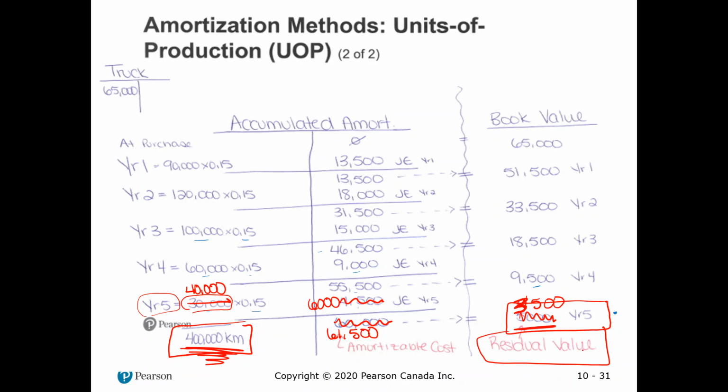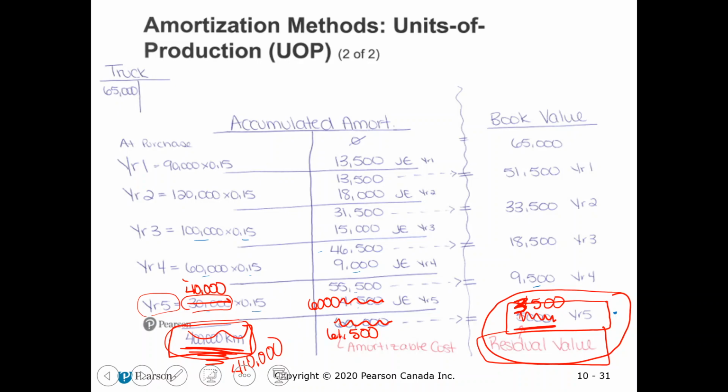And that is less than the residual value. So you might go through a question and calculate this out, but when you see that you're at an amount less than the residual value, you realize you actually need to fix what you've done. So when you're getting to the end of this, you actually want to be tracking where you're at in terms of kilometers. Because here we amortized 410,000 if we use this 40. And that's too much. We needed to stop at 400,000.